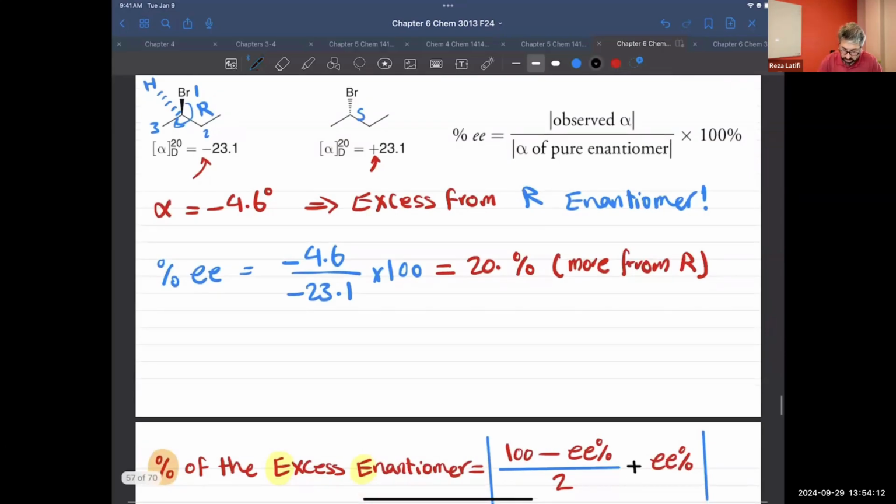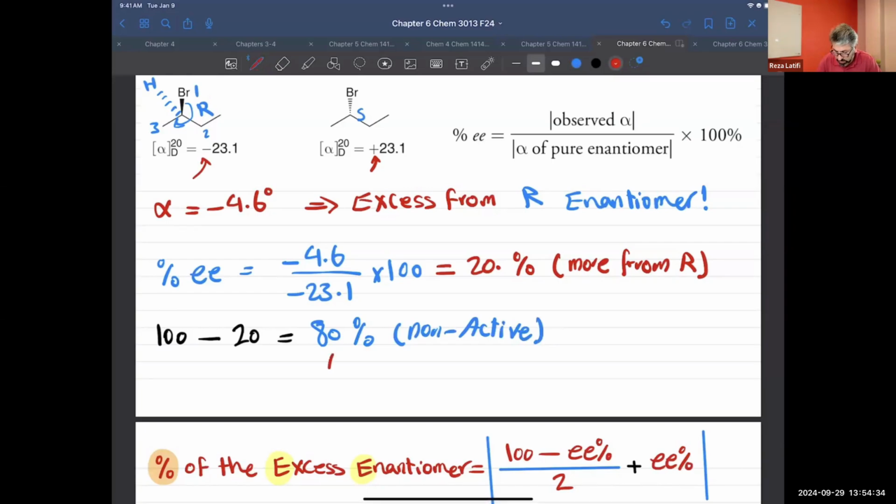The solution is supposed to be 100%. So I'm going to say this: 100% minus the enantiomeric excess 20. We got 80%. Okay, 80% is non-active. Why is it not active?